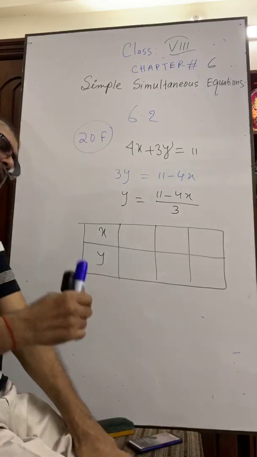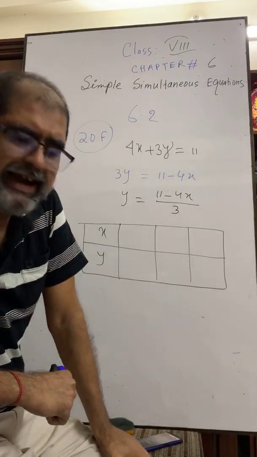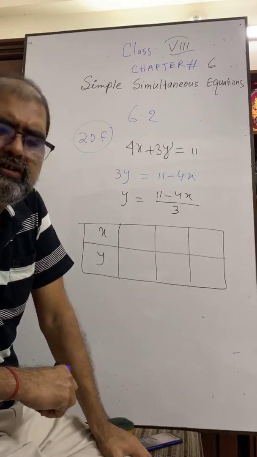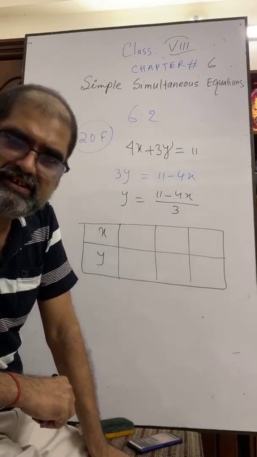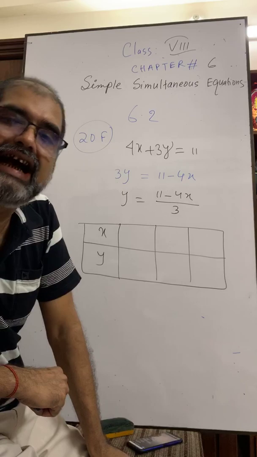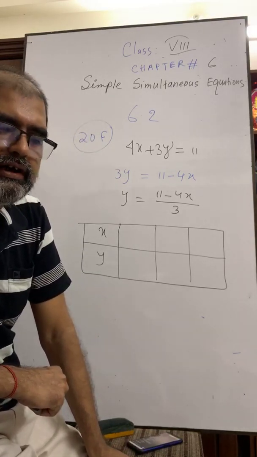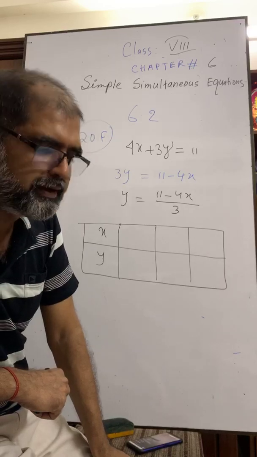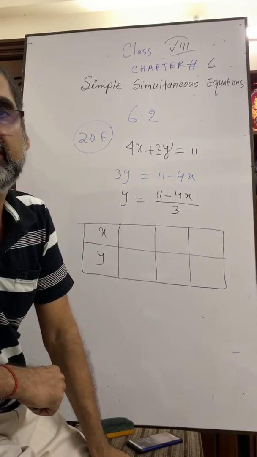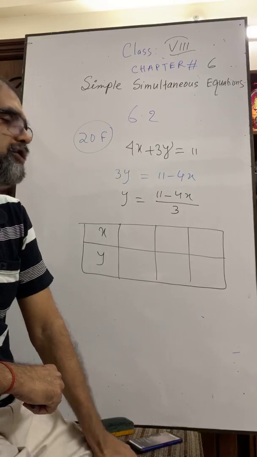So what is our main goal? In the exam hall, we must avoid getting the coordinates of any point as a fraction. I repeat, we must avoid getting the coordinates of a point as a fraction. Okay, so what will we do?